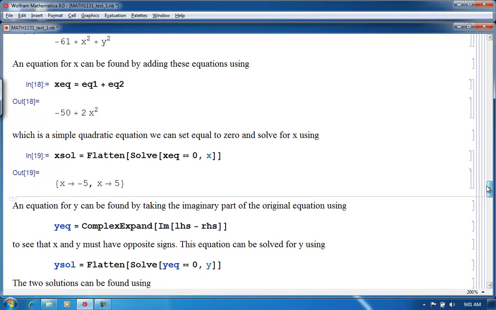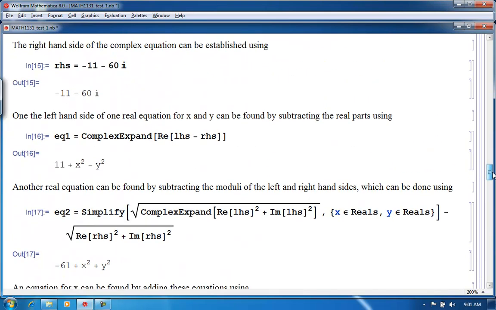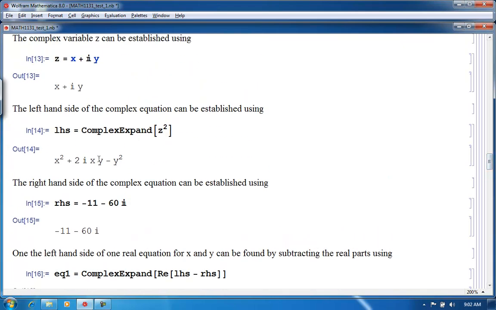Now we're going to find y. Well, we can't really use these two anymore. What I'm going to do is to take the imaginary part of the left hand side of this equation equal to this.